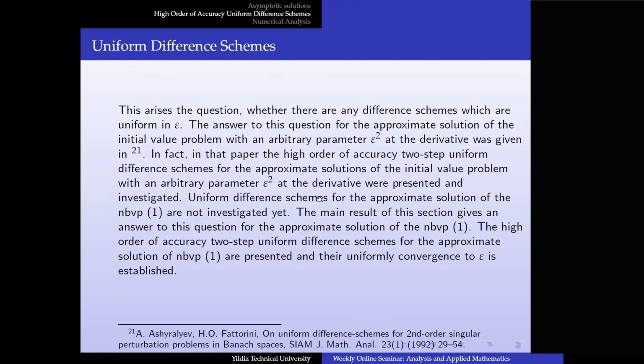Uniform difference schemes for the approximate solution of non-local boundary value problems 1 are not investigated yet. In that publication, the initial value problem is studied, but the non-local boundary value problem is not studied yet. This is our study, the present study is on this subject.